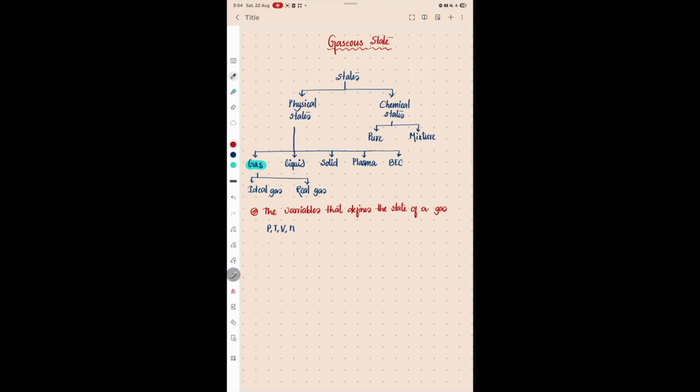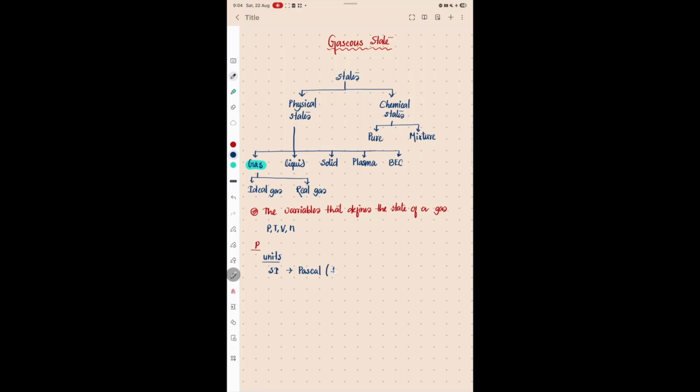So now coming to pressure units. What is the SI unit? The SI unit is Pascal. And what is Pascal?